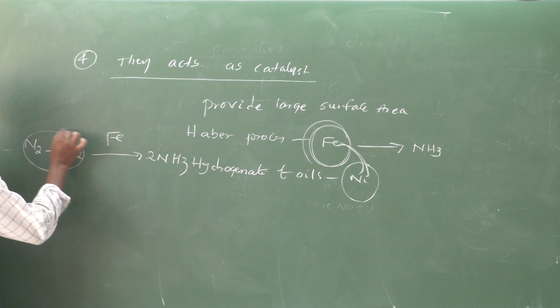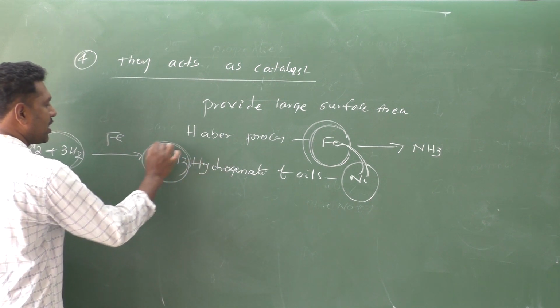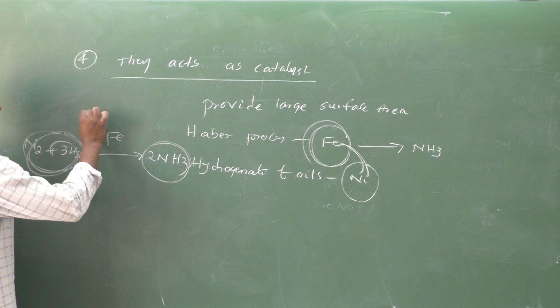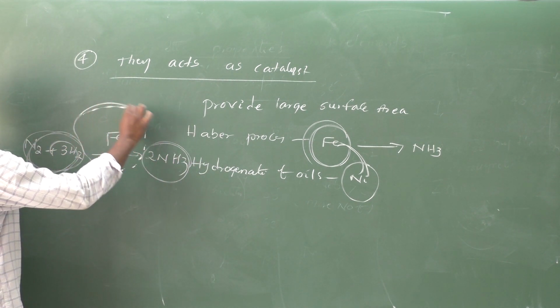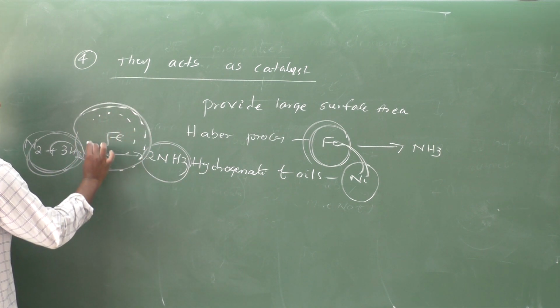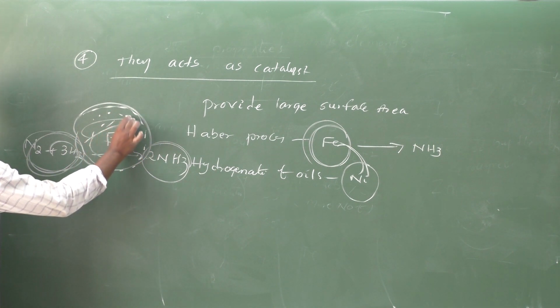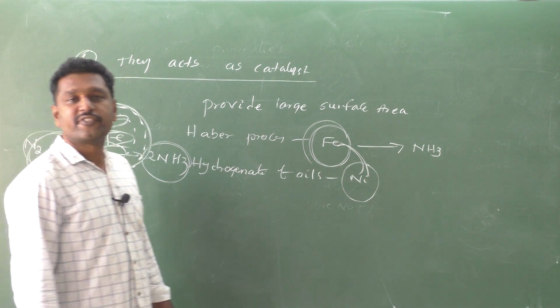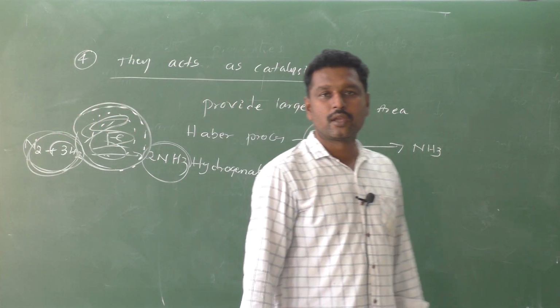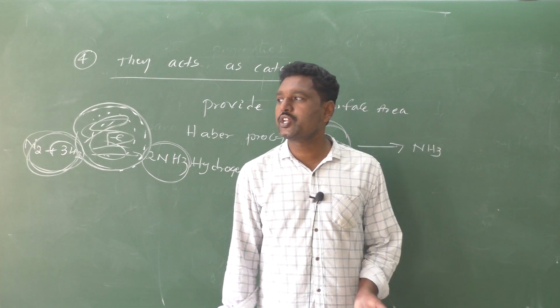These are very small molecules. Ammonia is also small, and iron provides large surface area. They react with each other and combine on the surface of the iron. So what is the function of iron?